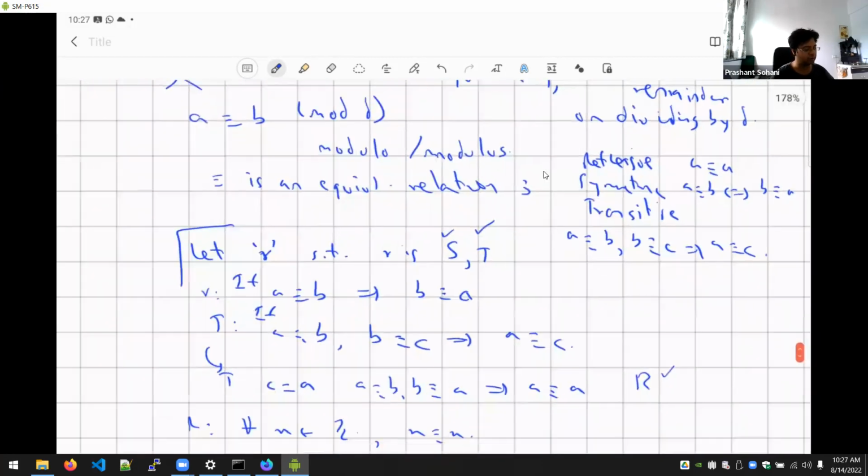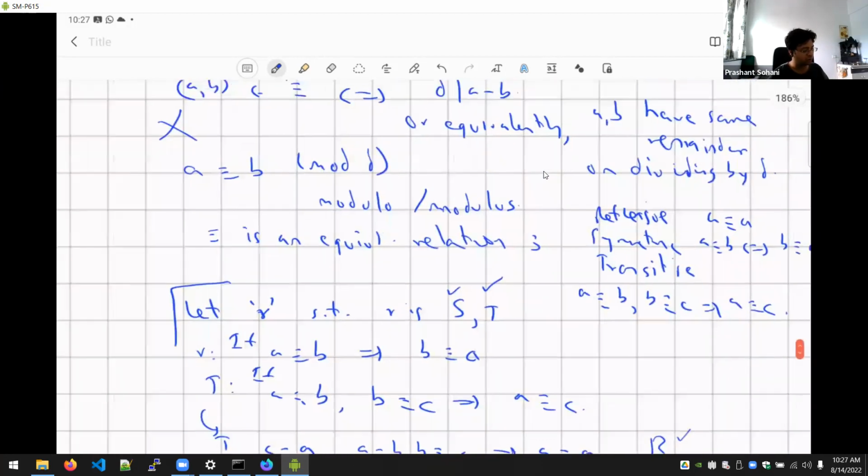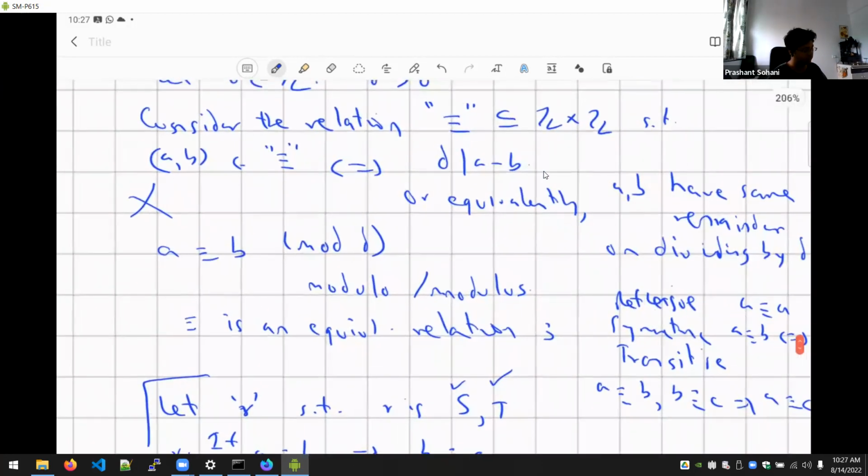Okay, anyway, this was just a short diversion. Getting back to congruences, I think we all understand congruence is an equivalence relation, which means that it will split your original set Z into equivalence classes.